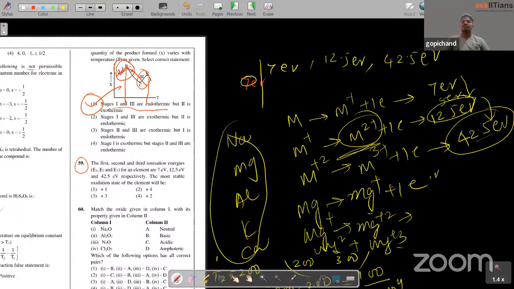So jumping from Mg plus 2 to Mg plus 3 requires higher energy. That is the reason we can say that option 4, +2, will be the most suitable answer.